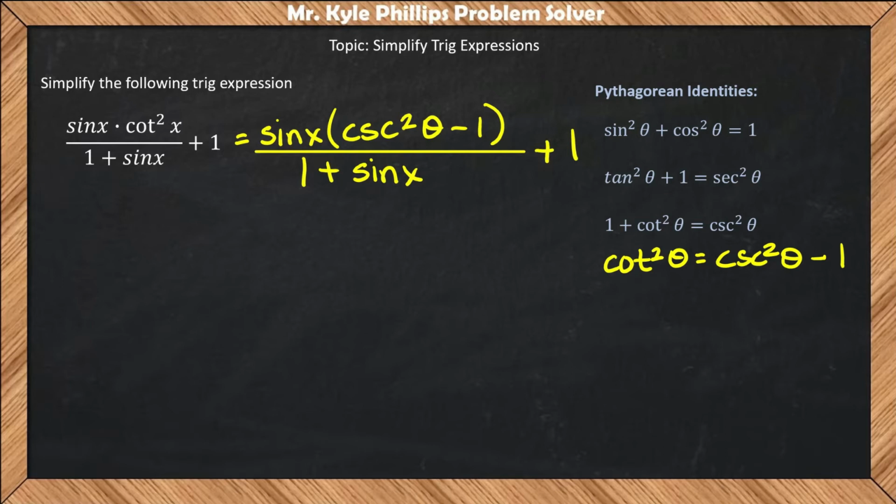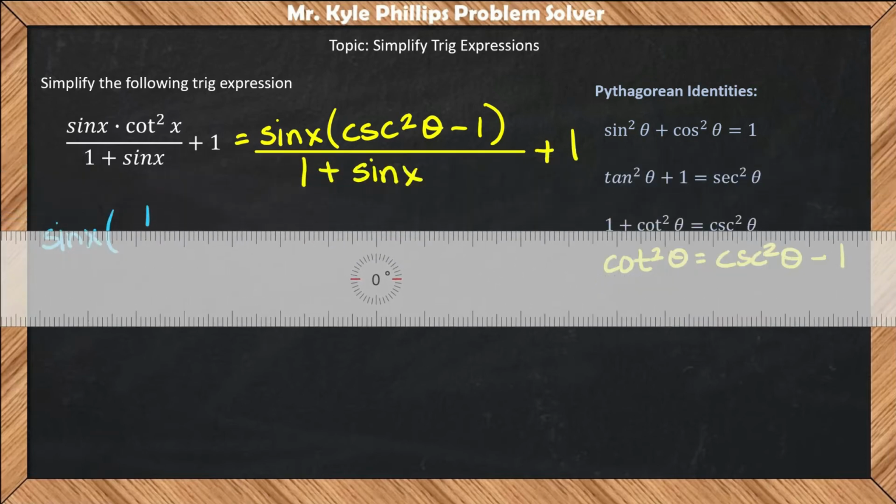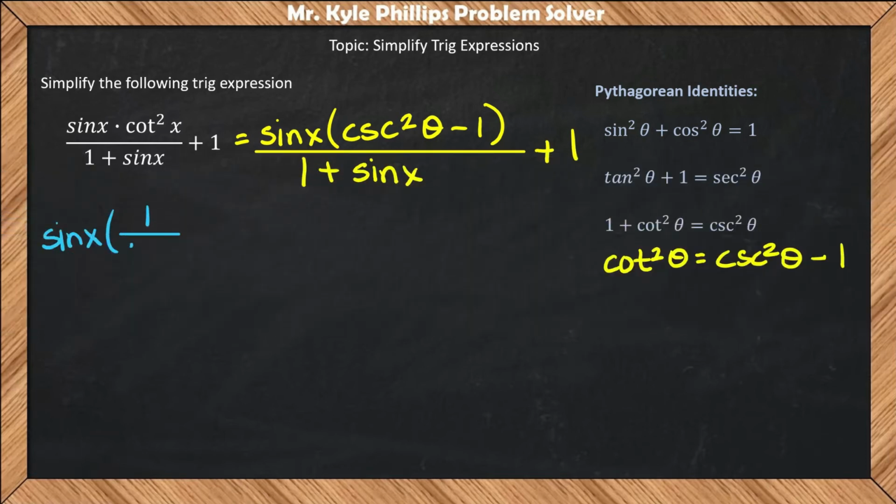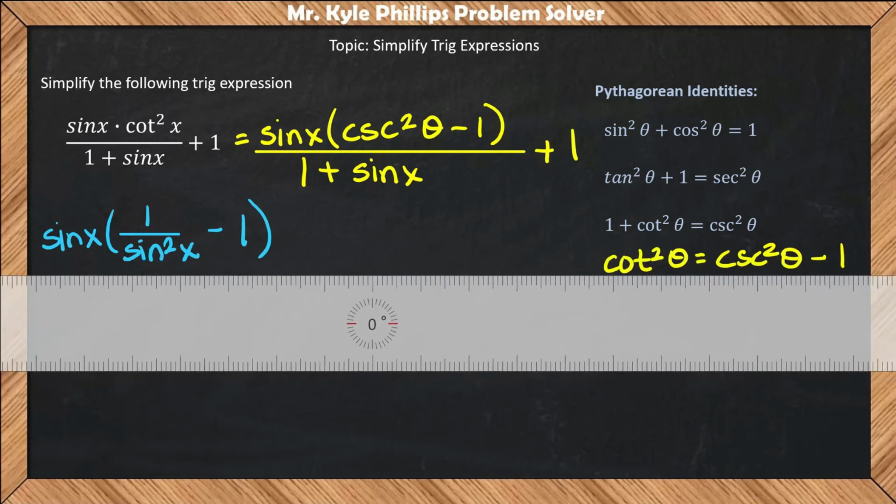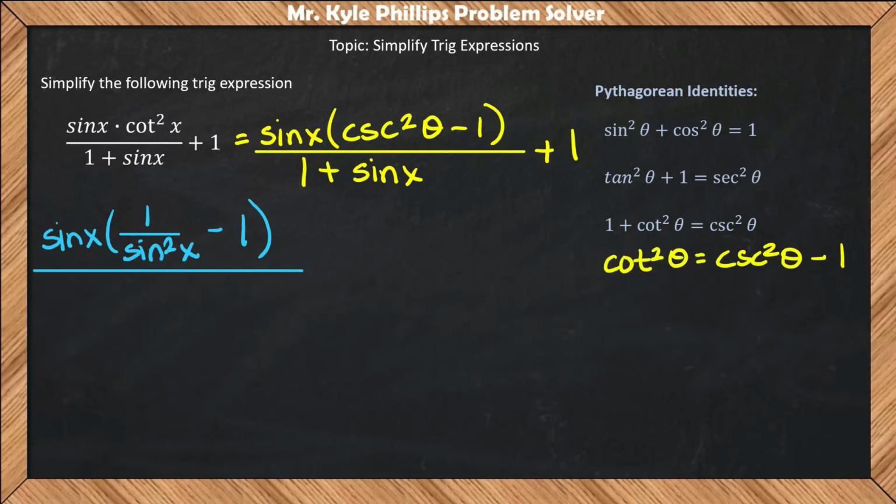So what I'm going to do now is rewrite cosecant squared and put it in terms of sine of x. So here I'll have sine of x times 1 over sine squared minus 1, and this will all be over 1 plus sine of x. Plus 1 here.